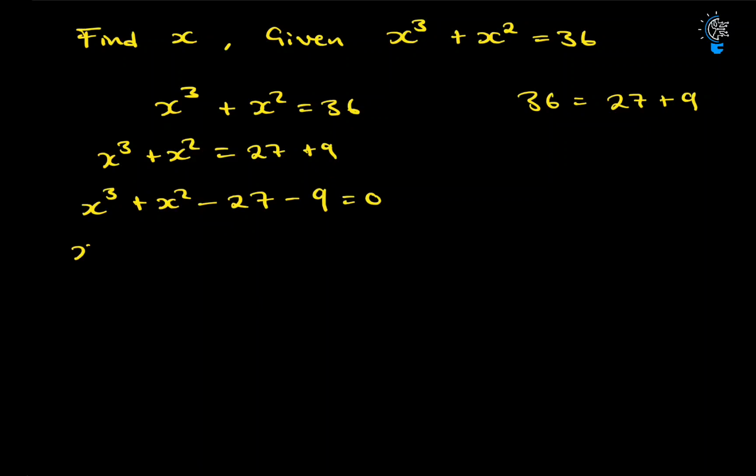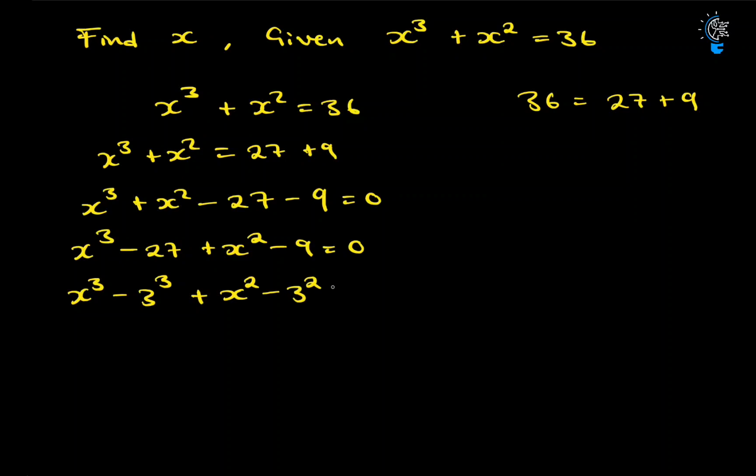Then from there we can write it as x to the power 3 minus 27 plus x to the power 2 minus 9 is equals to 0. We know that 27 can be written as 3 to the power 3 plus x squared minus 3 to the power 2 is equals to 0.